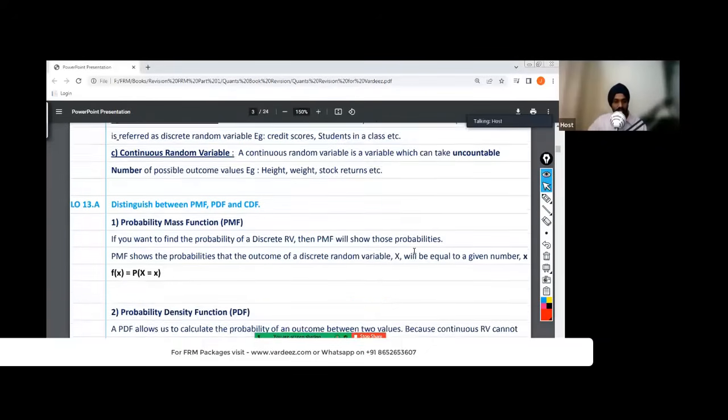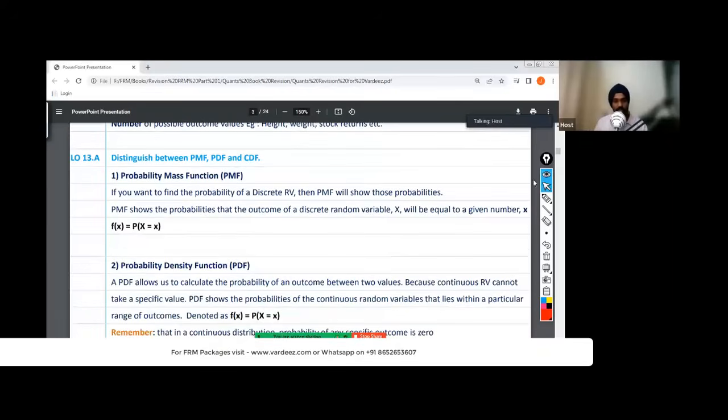All right. So the first learning objective is to distinguish between the PMF, PDF, and the CDF. When we have a discrete random variable and want to find the probability, the probability mass function is a function that can help you find the probabilities of those discrete random variables.